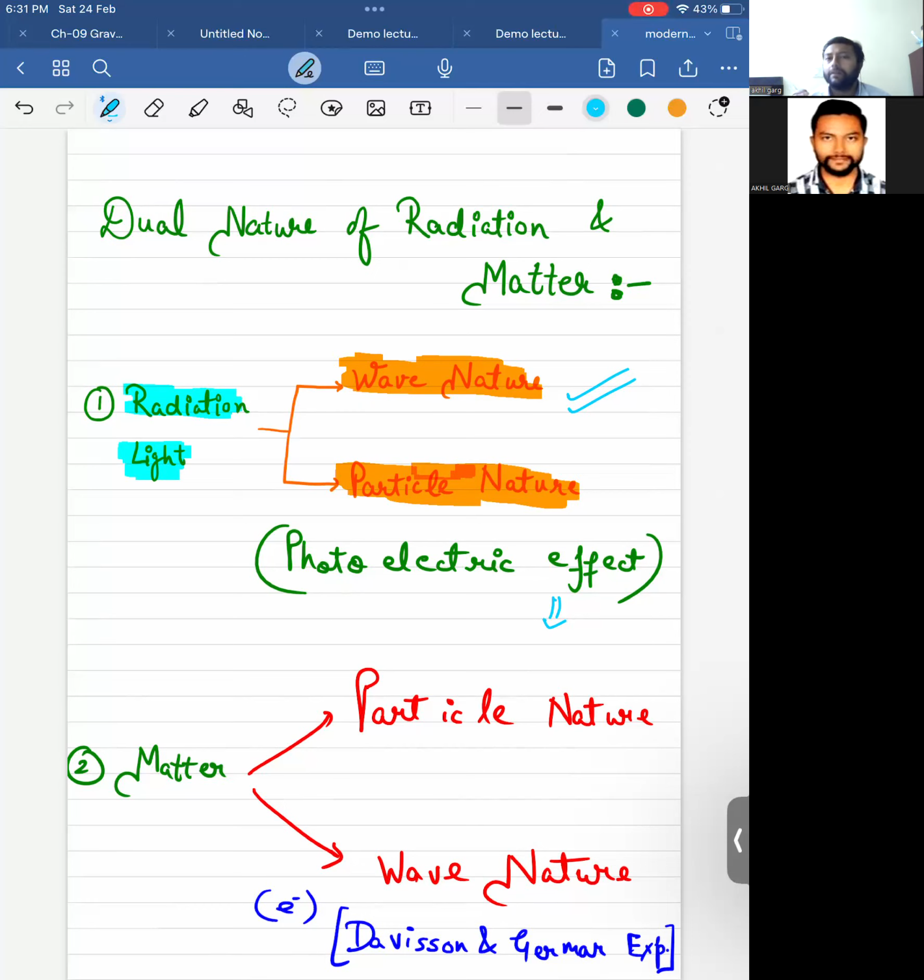One photon incident on the metal surface is absorbed by the electron, and the electron gets ejected from the metal surface. This process is said to be the photoelectric effect, which I will teach in the next topic. Matter also behaves like a particle as well as a wave.